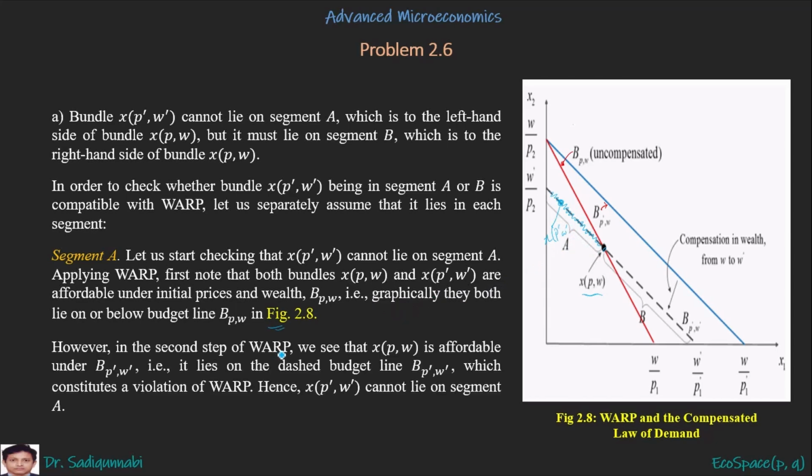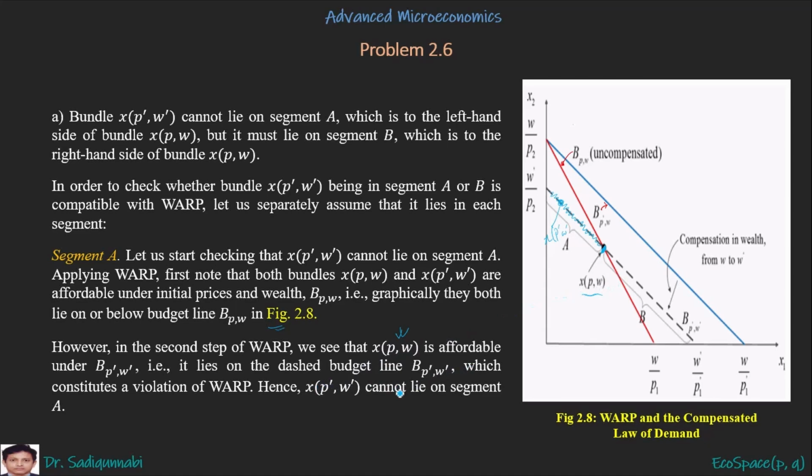In the second step of WARP, we see that this bundle is affordable under this dashed line, that is, it lies on the dashed budget line, which constitutes the violation of WARP.